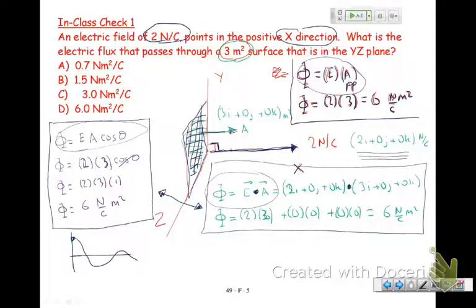So I'll tell you now, as often as not, I will give you the ijk for one of them, say the E, and I will give you a magnitude and a direction for the other one, say 3 meters squared in the positive y-axis.